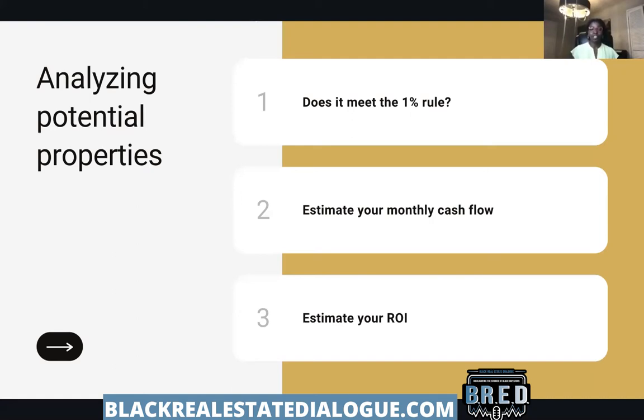So analyzing properties before even putting in an offer is extremely important to make sure that you're making the right decision, because when it comes to real estate, this is not a type of investment that you can easily liquidate if something goes wrong. It's a lengthy transaction, and going through all of that to realize at the end that you did not make the right call is not something we want to encourage in the community.